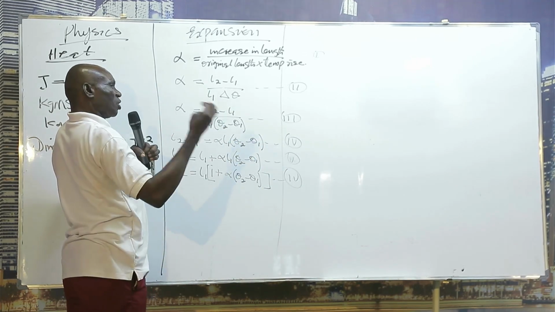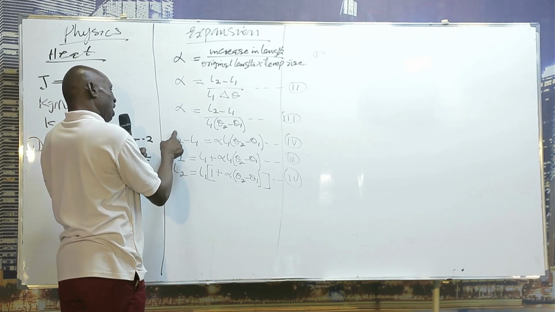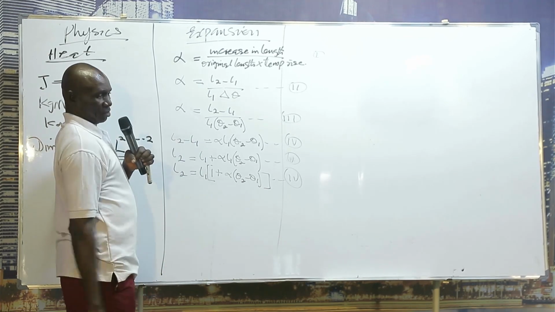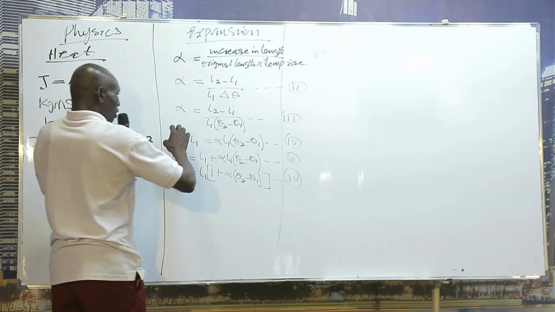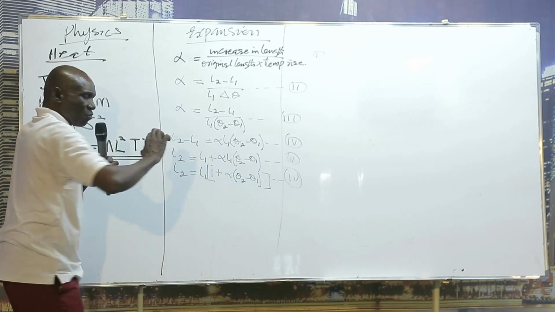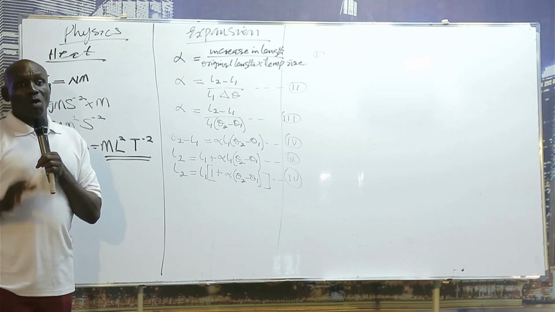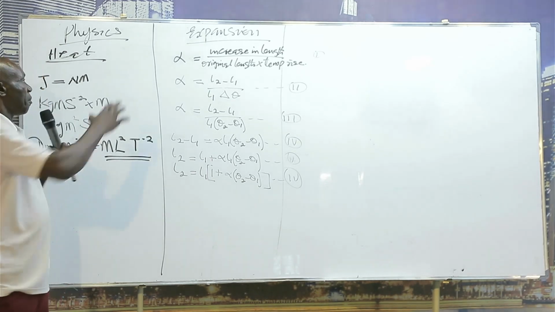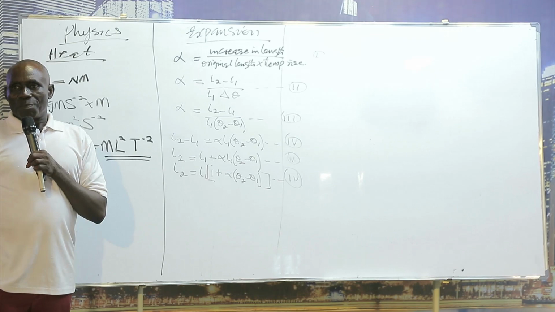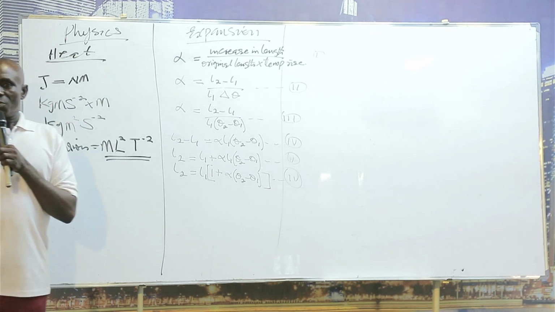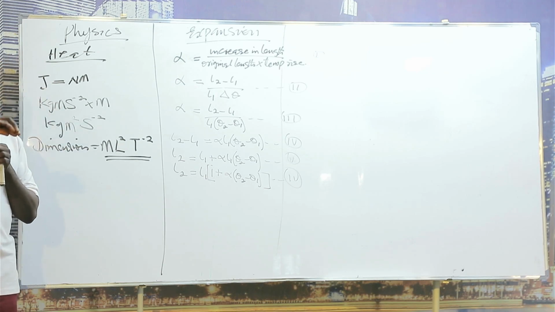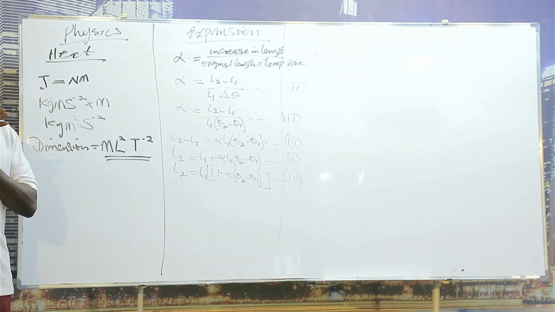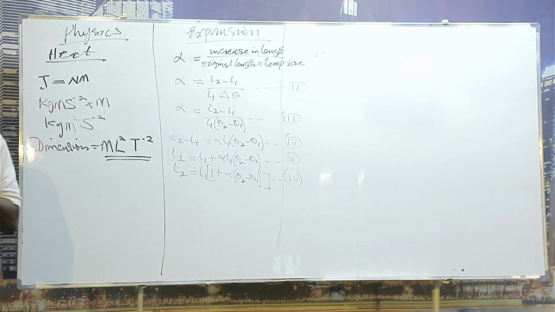But if you are given the final length and the original length, you make use of this. That is the whole thing. So this equation 4 is very, very important. It is formed from the same area, but almost all the time, in both JAMB and screening, you discover that equation 4 will give you the immediate answer to the question.